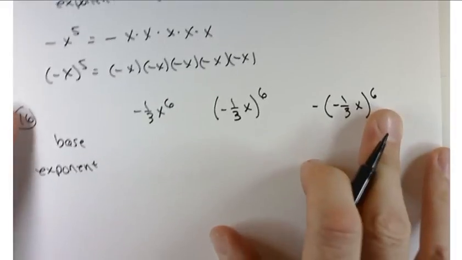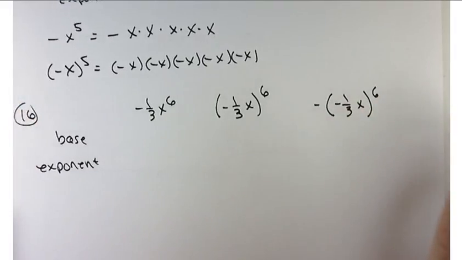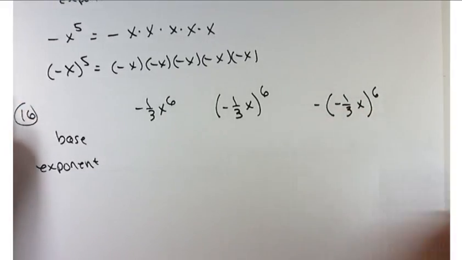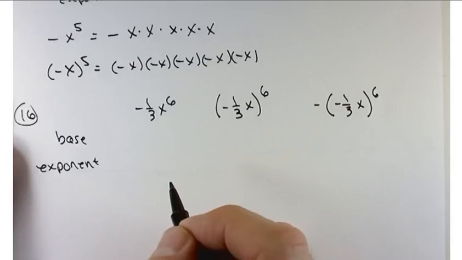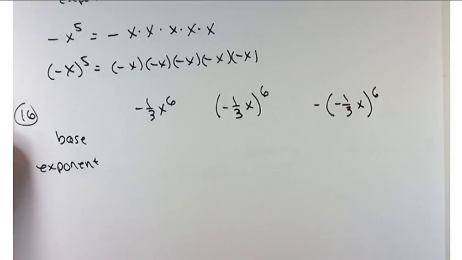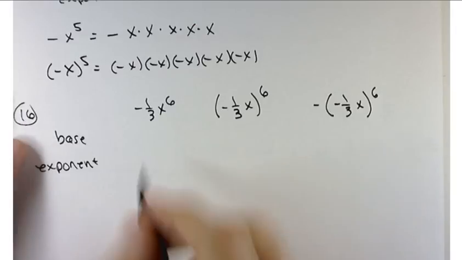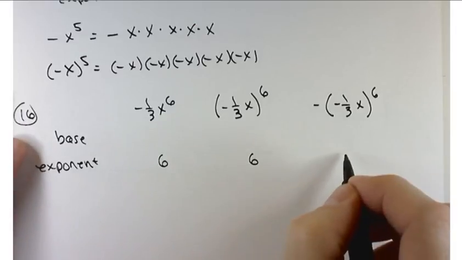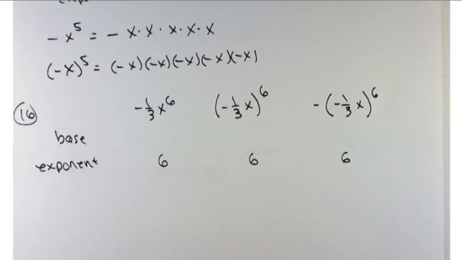So those are the expressions in 16. I think it's clear what the exponent is going to be, right? The exponent is 6 for all of these. The challenging part then is to figure out, well, what's the base? What part of this is going to get multiplied by itself repeatedly in order to evaluate these expressions?